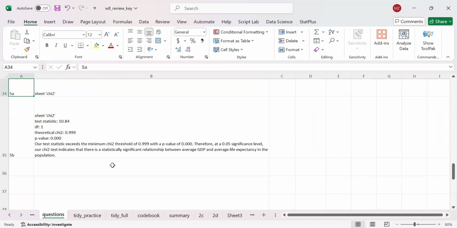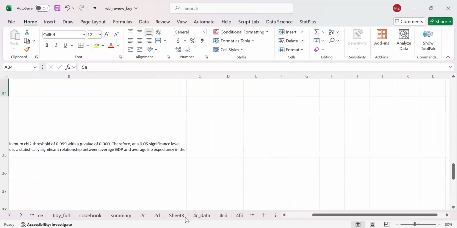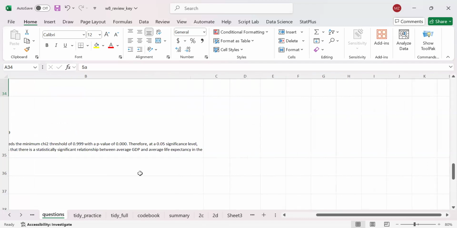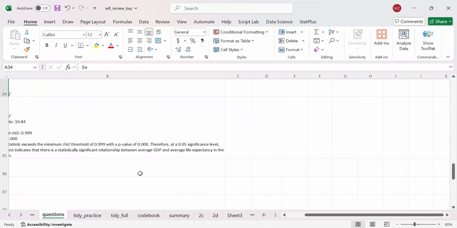Yeah. So you reject the null hypothesis and you accept the alternative hypothesis, which means that there's a statistically significant relationship between average GDP and average life expectancy.